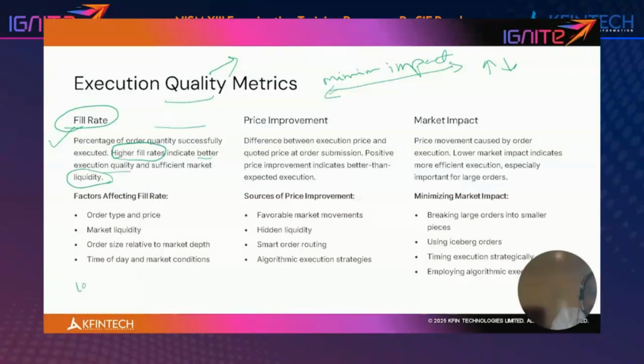Suppose I wanted to buy 100 million of bonds, but I'm able to buy only 60 million because there are no sellers in the market at my price. That means the market is not efficient. If I place $100 million and in 5 minutes all $100 million is absorbed by the market, that means the market is liquid and efficient.